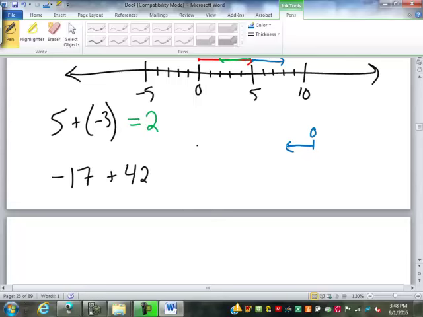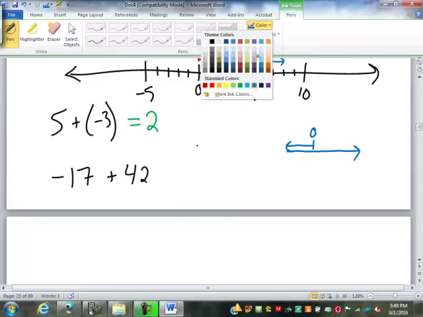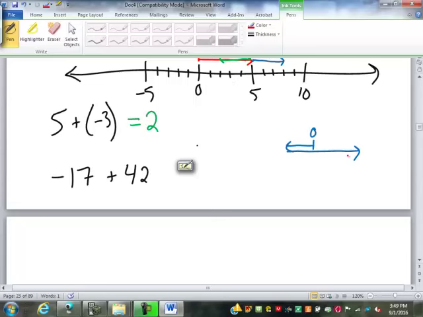Those are the two questions I have to ask. Does it go the same direction or the opposite? And is it shorter or longer? It goes the opposite direction and it's longer, so it goes past 0. So what this picture tells me, first of all, my answer is positive because I'm on the positive side of 0.